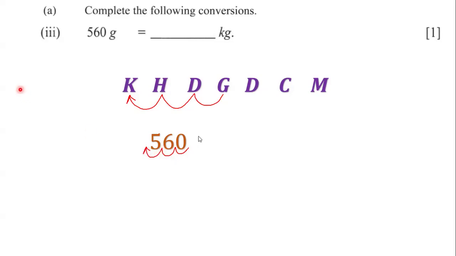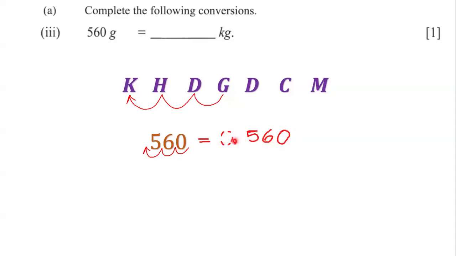So that means that we actually have, remember, the decimal point is in front of the 5. So we have 5, 6, and 0. And what number goes in front as a placeholder? That's going to be 0. So we have 0.560.